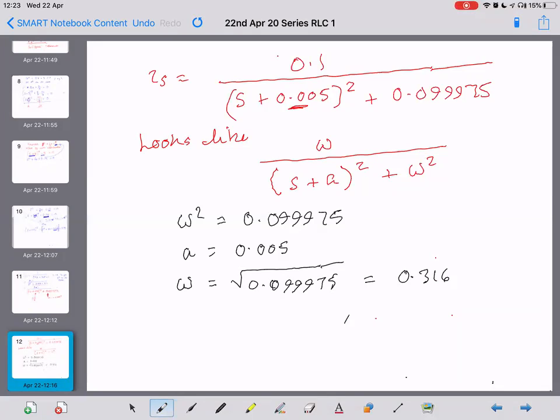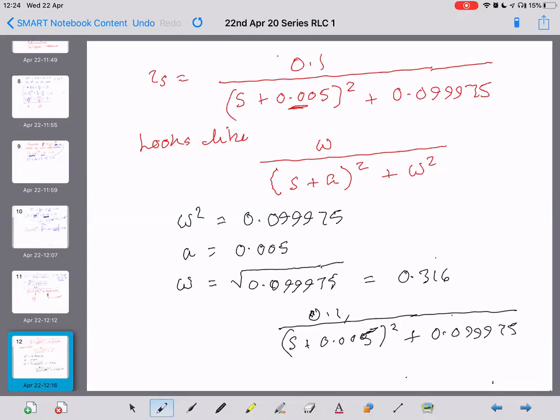I'm sorry. Right, guys, if we take this 0.1 over S plus 0.005 all squared plus 0.099975, we need to have omega equal to 0.316.